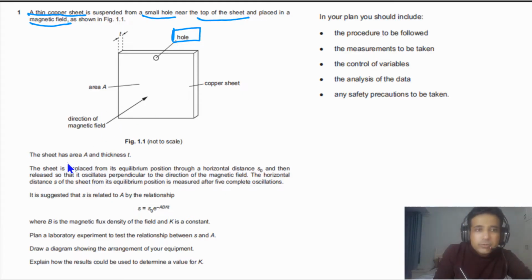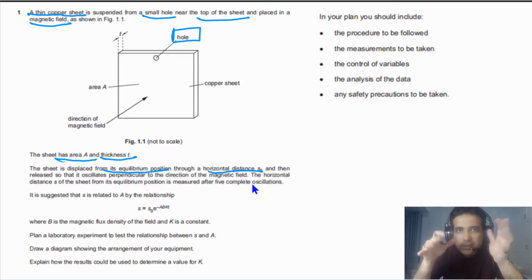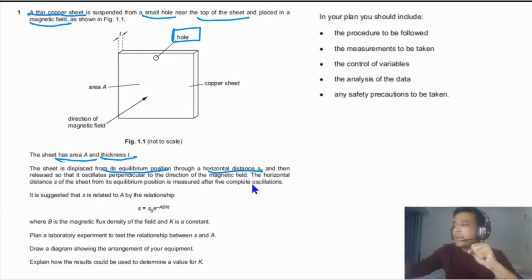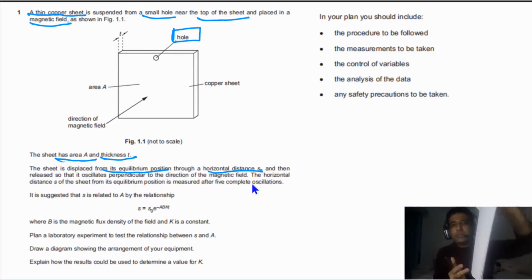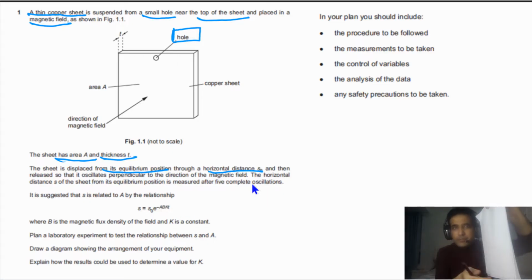It is given that the sheet has area capital A and thickness T. The sheet is displaced from its equilibrium position through a horizontal distance S0. So this one is the sheet, it is in the magnetic field, and we displace it from equilibrium.